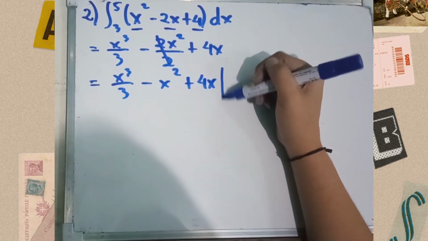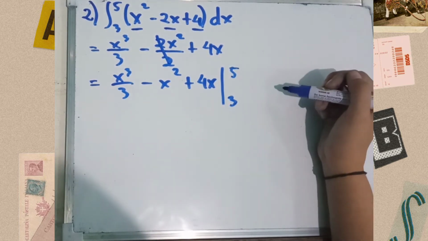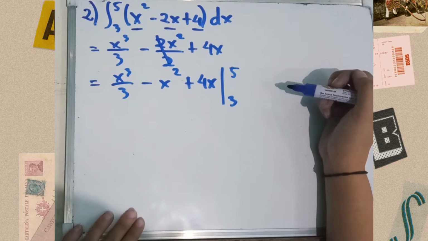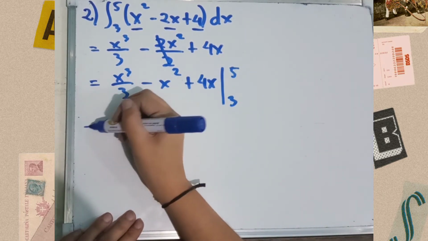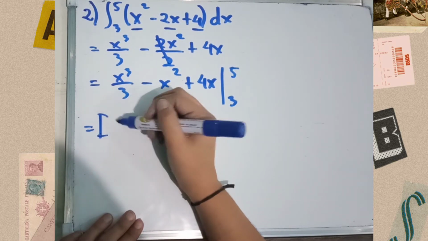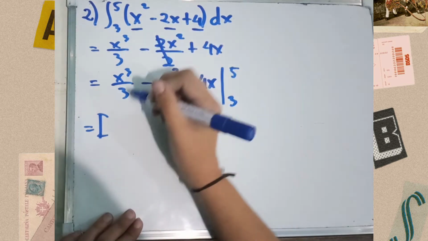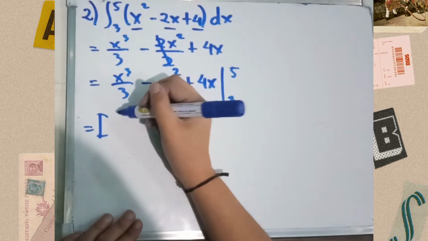Now evaluating from 3 to 5, which are our limits. We start with the upper limit 5.